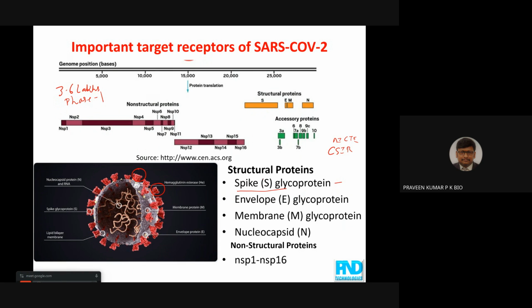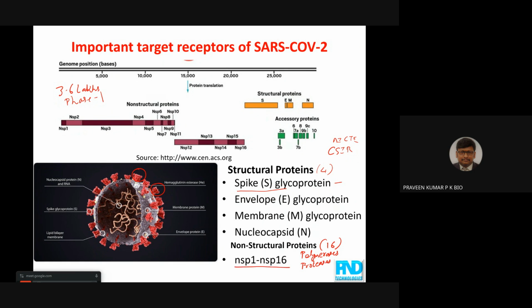If you see the structural proteins, we have four. And non-structural proteins, we have 16. That is non-structural protein 1 to non-structural protein 16. You know, polymerases and proteases are among the major important targets of most viruses. These also come under non-structural proteins.